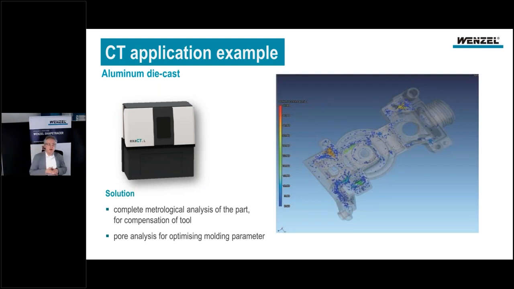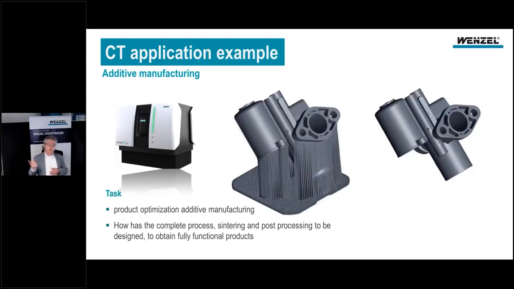And if we perform a CT scan with that part, we can do a shrink hole analysis, which is also a fully automated process. The volumes of the shrink holes are color coded, and therefore we can answer if this part will function or will it maybe break if the shrink holes are too large. And this is for optimization of molding parameters and form parameters.